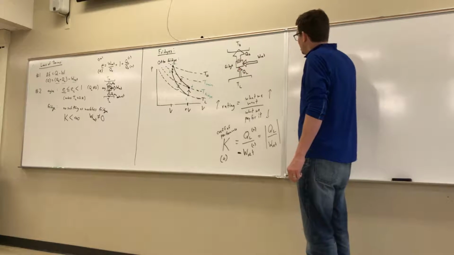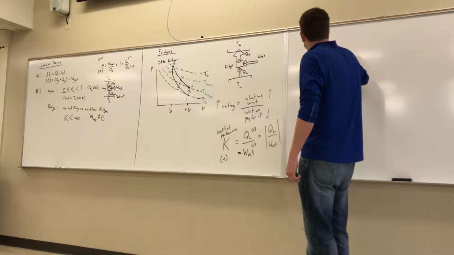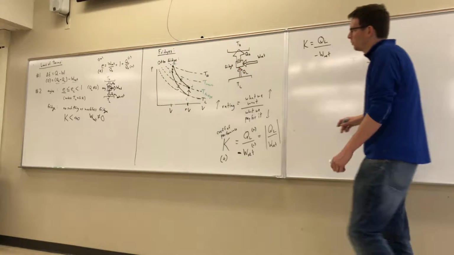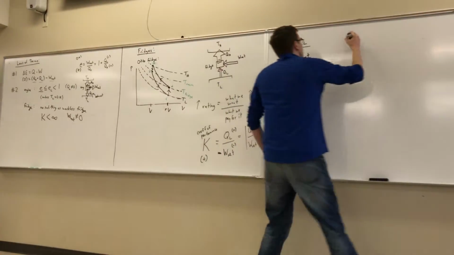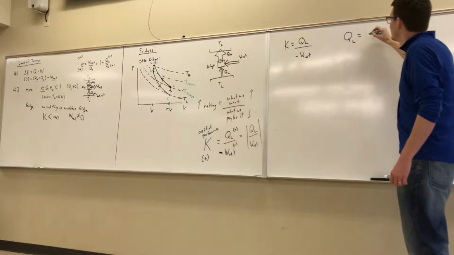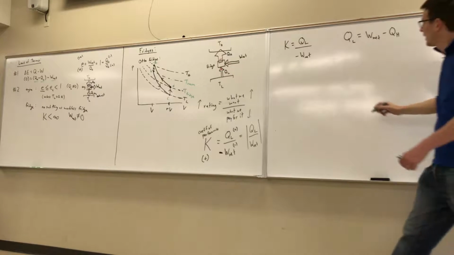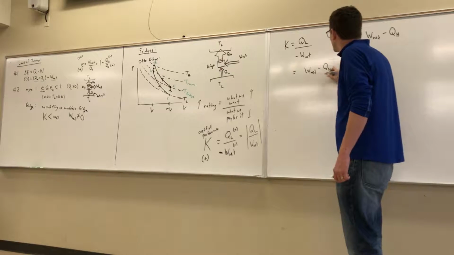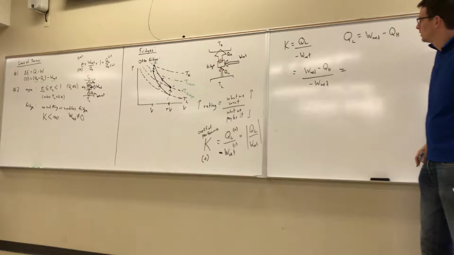So the coefficient of performance is QL over minus W net. And I can also note from this equation that I can sub in QL is equal to, let me make sure to get this right, W net minus QH. So let's put that in. So what do I get?